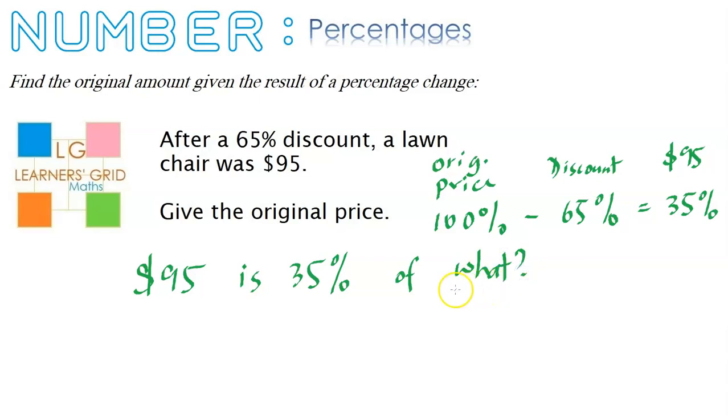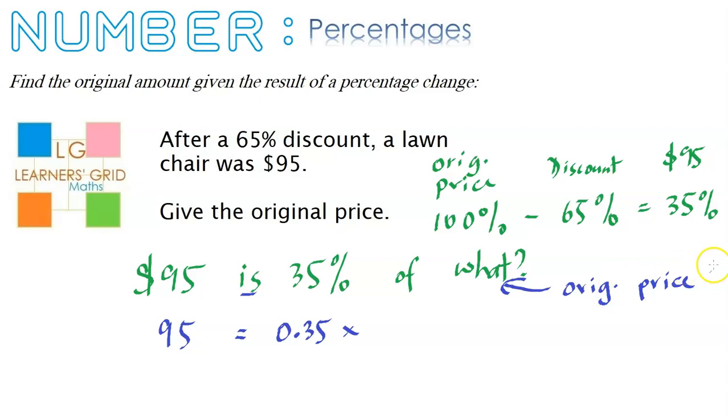35% of what? And if I was to turn this into an equation, it would look like this. So it'll be 95, the "is" equals, 35% is 0.35, "of" is to multiply, and "what", let's call it a variable, this is the original price, and we'll call the original price y, so times y.